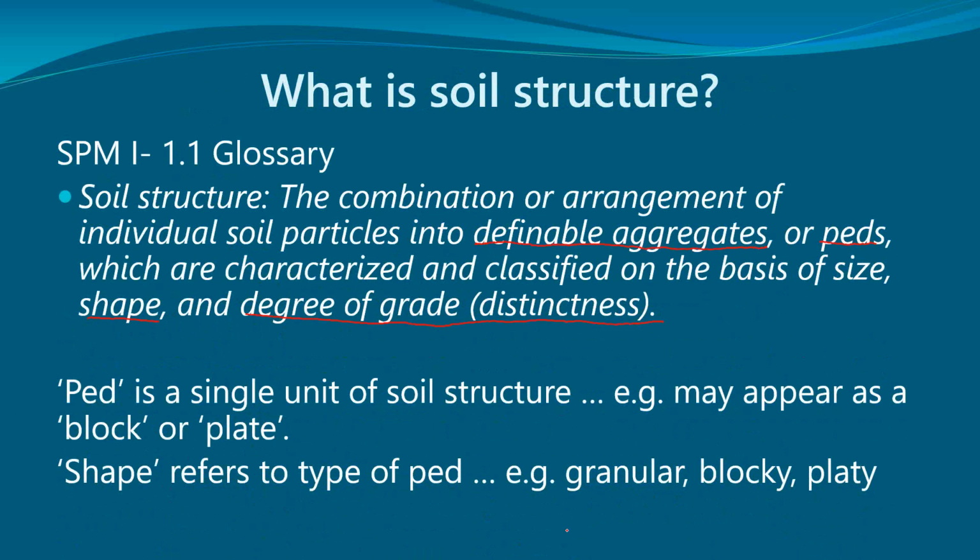And those are either granular, blocky, platey, columnar, prismatic, and so on. So a block of soil is a PED, and if it has a PED, then it has soil structure. Now grade. So, structure is classified based on shape. So far so good. So that could be block, plate, or so on. And grade is either weak, moderate, or strong.